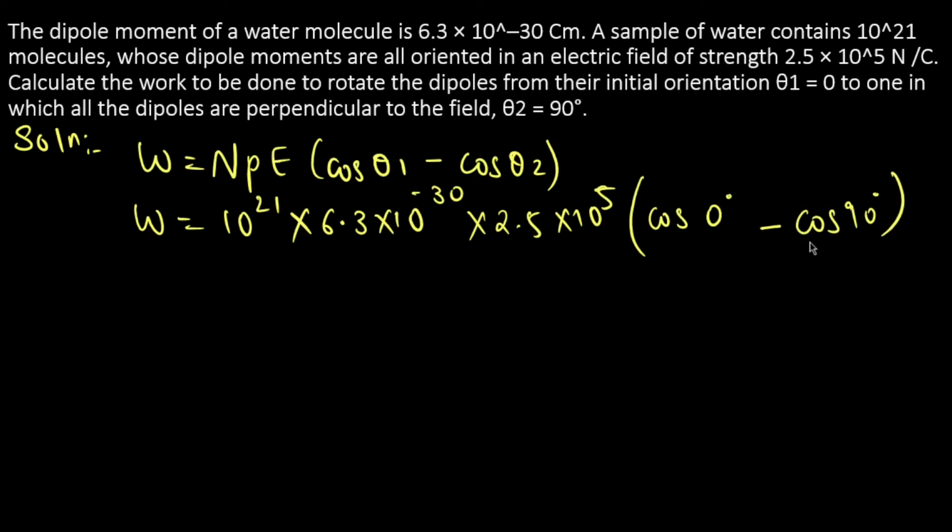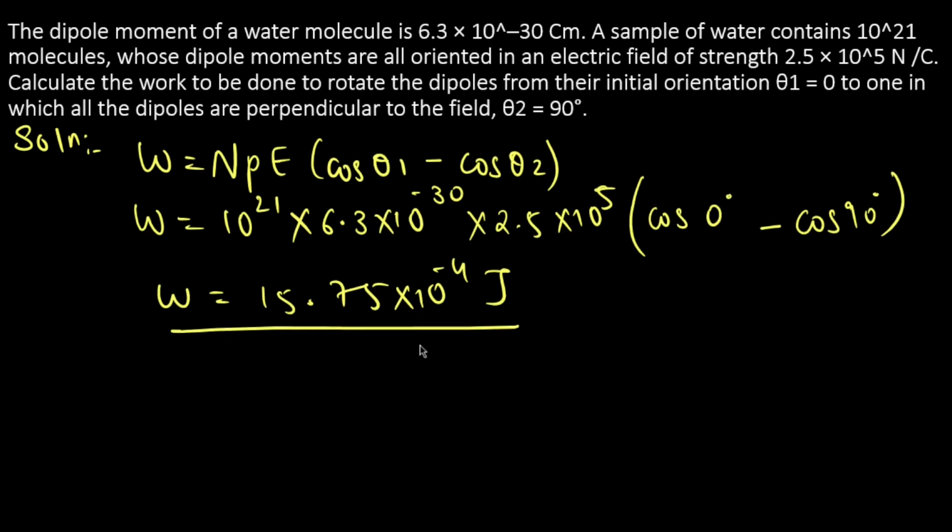So cos of 90 will become 0 and cos of 0 will become 1. So the work done will come out to be 15.75 into 10 raised to minus 4 joule. So this much amount of work is to be done to rotate all the 10 raised to 21 molecules of water from 0 degree to 90 degree.